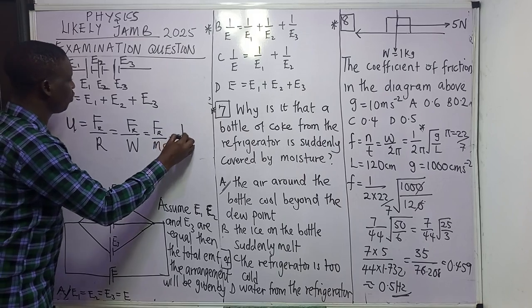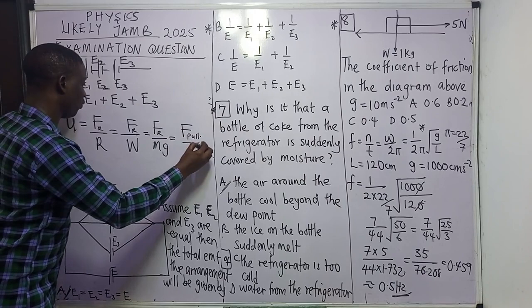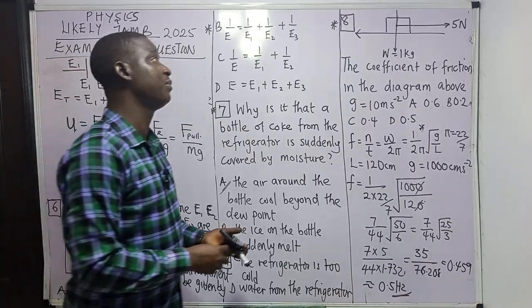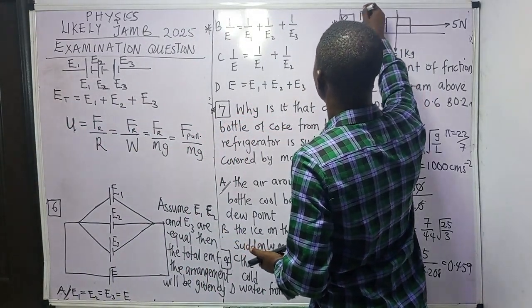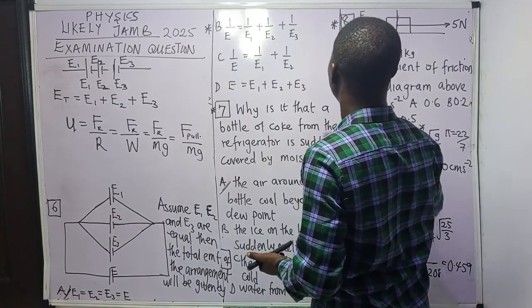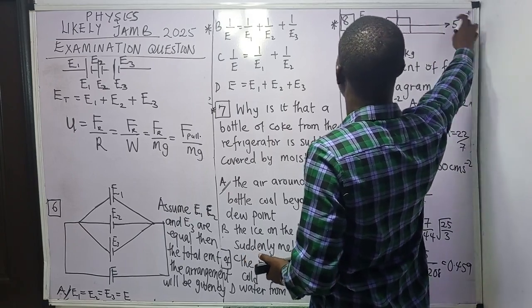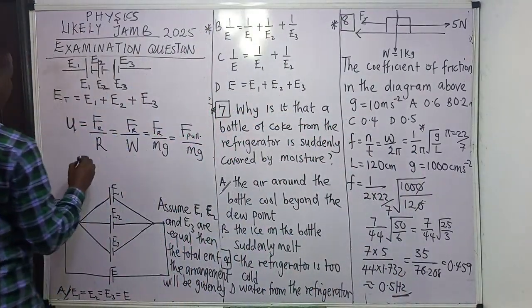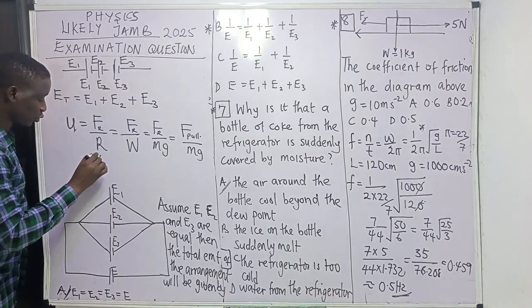Sometimes we can say it's equal to the pulling force, if the system is in equilibrium, because sometimes the forward force can be equal to the backward force, which is frictional force. So when the body is just about to move, we assume that the forward pulling force is equal to the frictional force.